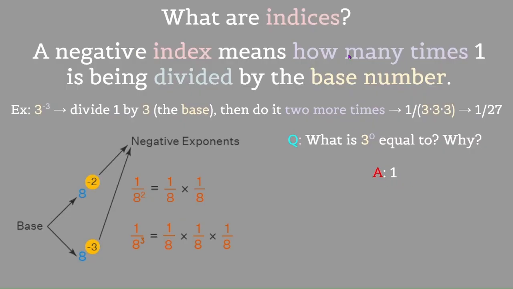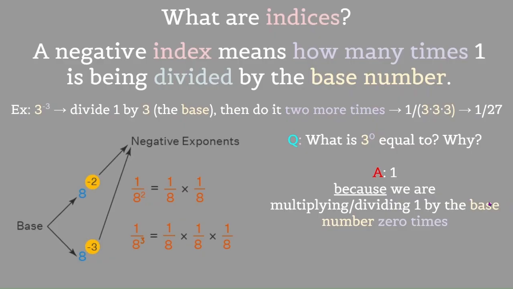So remember again, in both of these definitions, the index means how many times 1 is being either multiplied or divided. So 1 multiplied or divided by the base number 0 times, right? That's what the 0 is equal to.